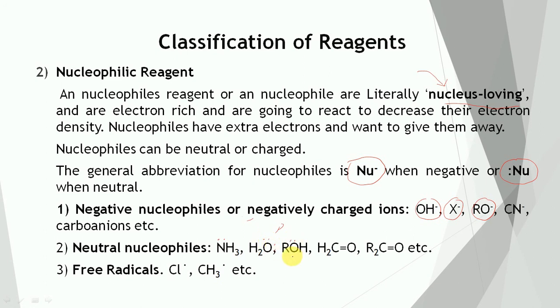Alcohol, 2 lone pairs of electrons. Aldehyde, 2 lone pairs of electrons. So these are the neutral nucleophiles having a lone pair of electrons on them. Then free radicals: chlorine free radicals and carbon free radicals. So it is all about the classification of the reagents.